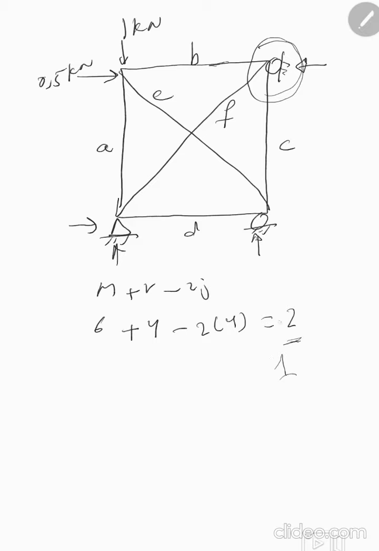So if we have 2 or 3, you should release another part, but here we will release only 2 parts because we have 2 degrees of freedom. How can we do that? First of all, the first figure will be like this.